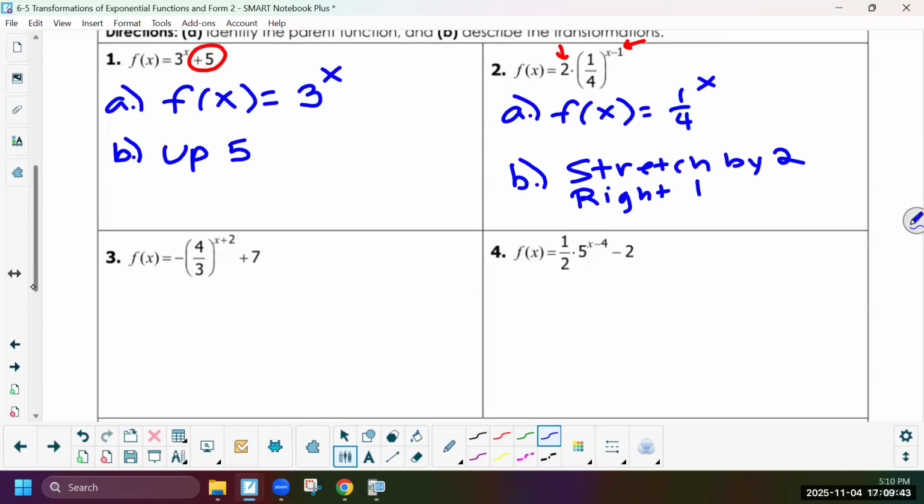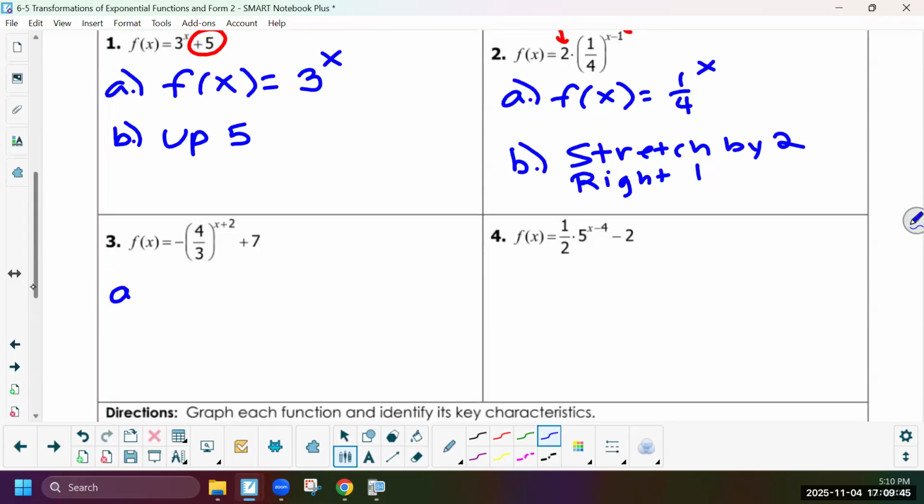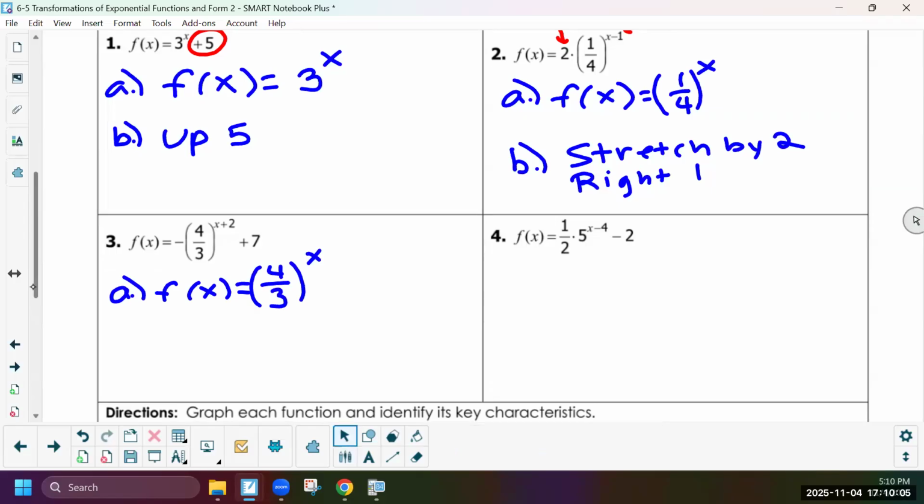Okay, so looking at number 3, the parent function should have been f of x is (4/3) to the x power. And I like to put the fractions in parentheses. I probably should have done that up here with this one too, so that way the calculator understands it's fractions. Okay, this one had 3 things happen to it.